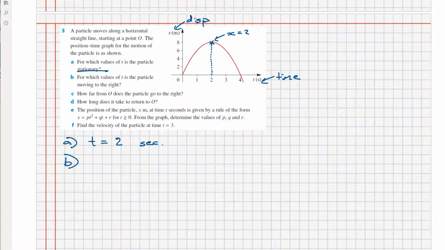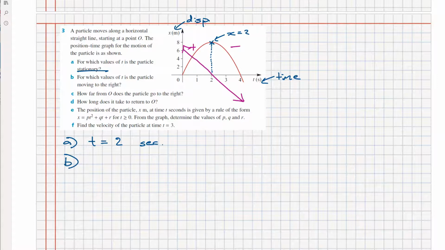If the stationary point is here, think about what's the slope on the left hand side, and it's going to be positive. Slope on the right hand side is negative, and therefore if we take the derivative, we're going to have something that looks like that. So the question is, for which values of t is the particle moving to the right? Well, when we have positive velocity, we're moving to the right. When we have negative velocity, we're moving to the left.